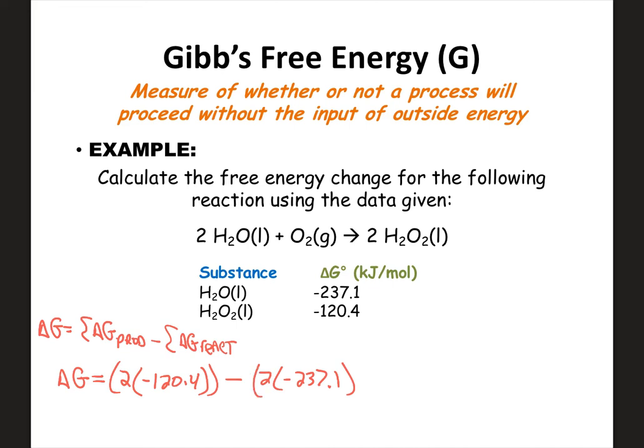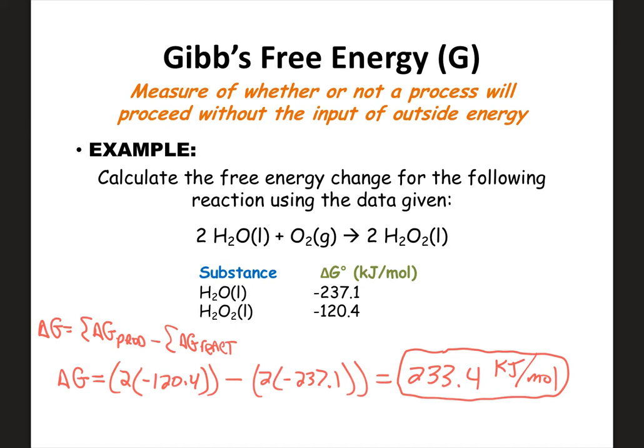All right. So now we have all of our products minus all of our reactants. We paid attention to the balanced equation. When I plug and chug this, I get 233.4, and my units are back to kilojoules per mole. So obviously, this positive value for our delta G tells us that this reaction would be thermodynamically unfavored.